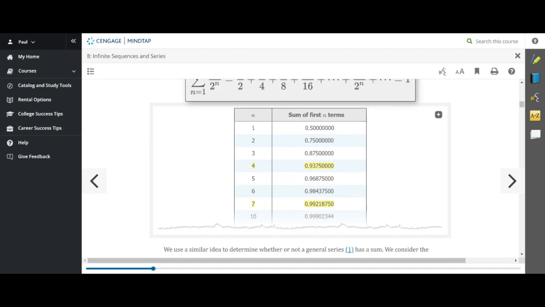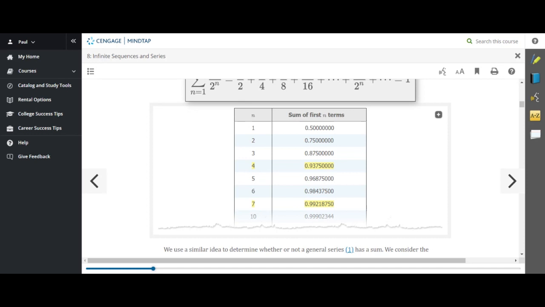Well, this is sort of formal, but you can study the series by taking the sum of the first term, the sum of the first two terms. So take the partial sums like they do in the table here, and study the partial sums themselves. They form a sequence, and you know how to handle sequences.